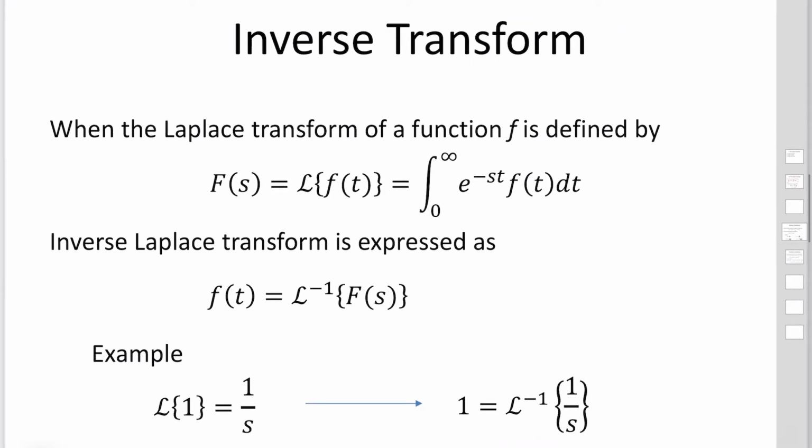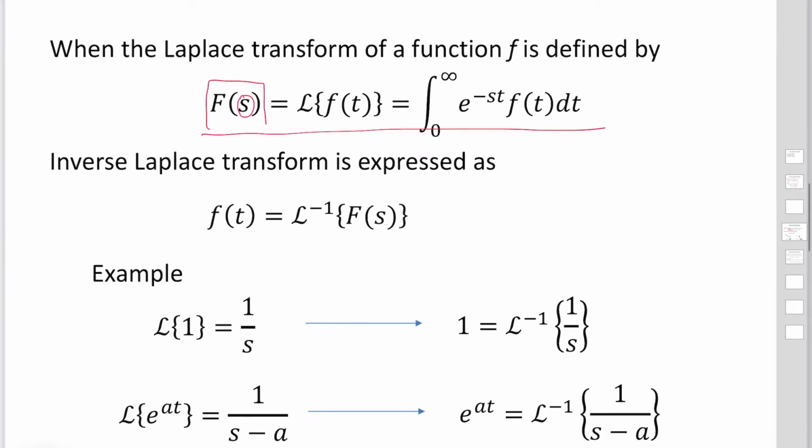And also once we define the Laplace transforms, we'd like to introduce the inverse Laplace transforms. When the Laplace transform of a function f is defined this way, the Laplace transform is a function of s. The inverse Laplace transform is defined as L minus 1.